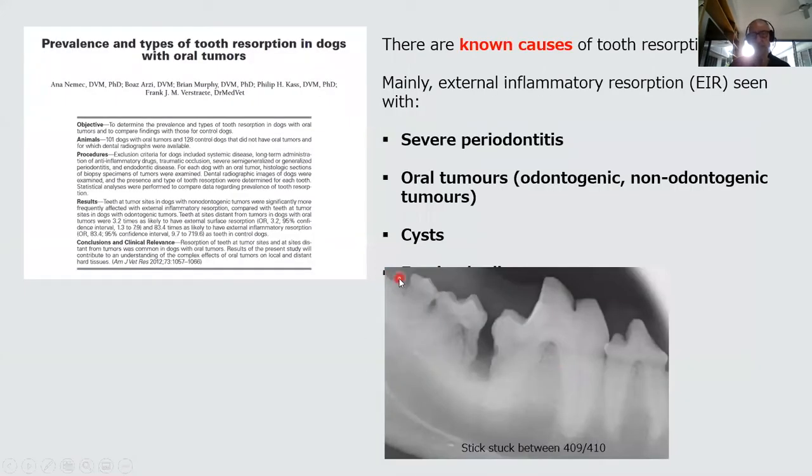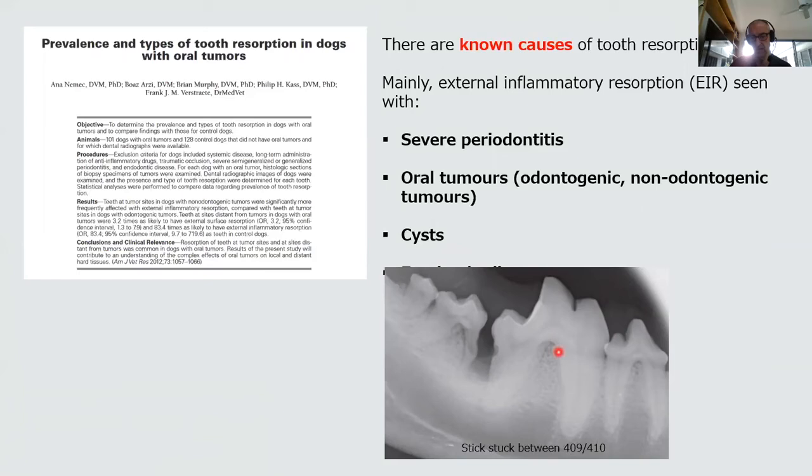Now, we do know that there are known causes of tooth resorption, so mainly external inflammatory resorption, and we see that with severe periodontitis. We also see that with oral tumours, odontogenic or non-odontogenic, like fibrosarcoma, squamous cell carcinoma, and we also can see that with cysts as well.